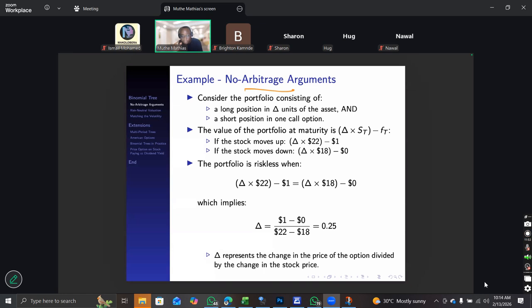Okay, so the first one is the no arbitrage argument. Remember, as you recall, there was a week we discussed the no arbitrage argument, and we said the price of a derivative must make sure it is not outside certain boundaries, because if the price is outside the boundaries, then there is a possibility for people to exploit that opportunity and make risk-free profit.